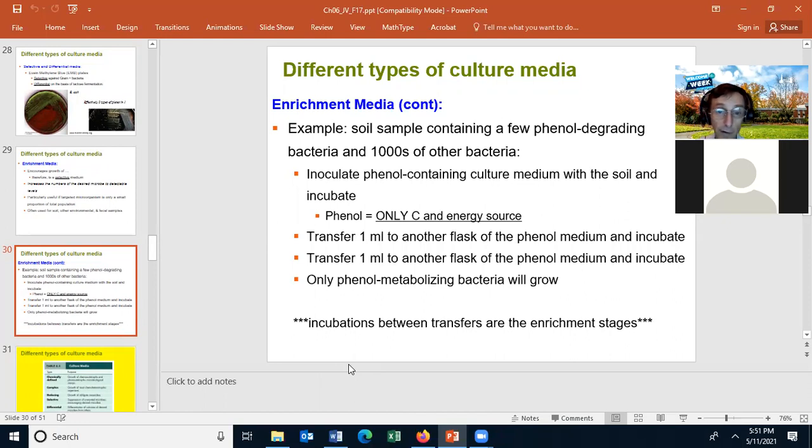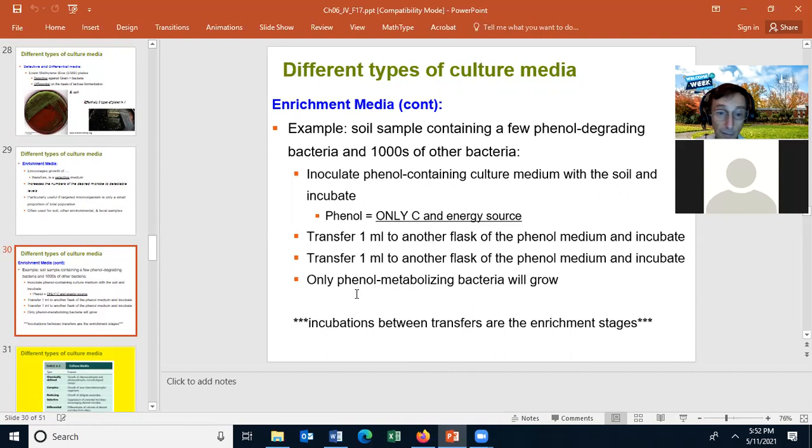So you transfer into a media containing phenol as the only carbon source, and then enrich the bacteria, and you can then take an aliquot of that and put it into another tube where phenol is the only carbon source to further enrich.